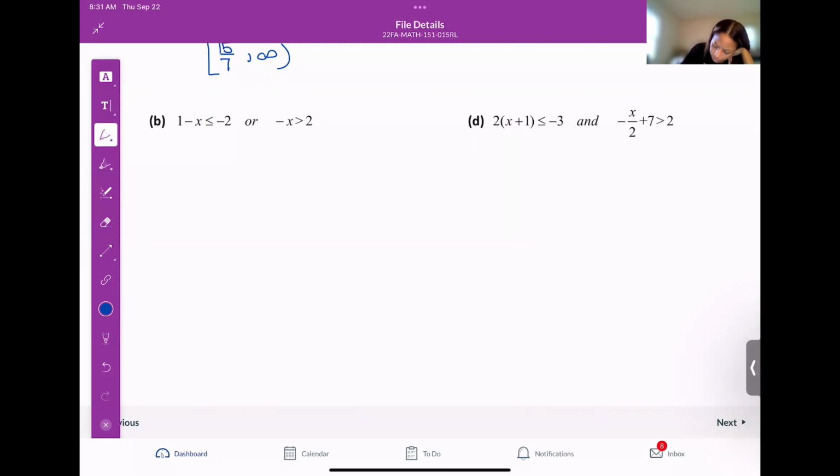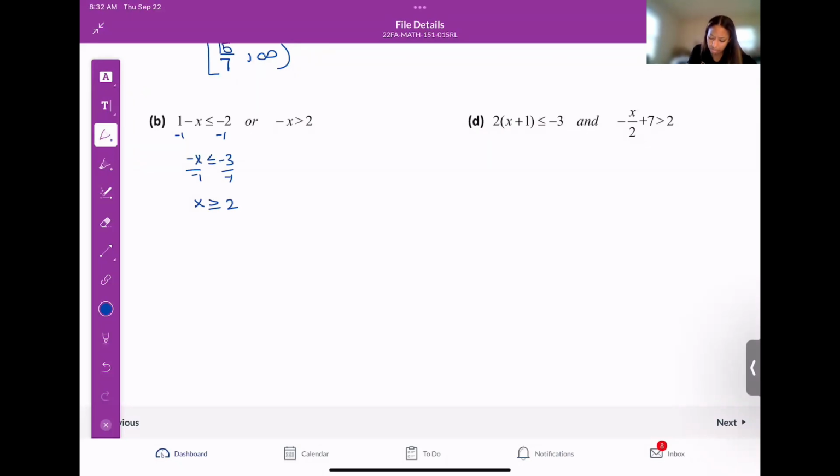This first one, we subtract 1, -x is less than or equal to -3. And then if we divide by -1, so we subtract 1 and then divide by -1, that'll give us x is greater than or equal to... did I mess something up?